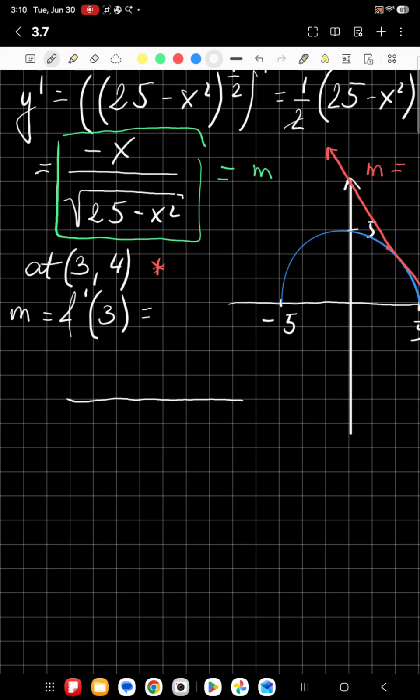So we have negative 3 on the top, and here we have 25 minus 3 squared. Okay, so negative 3, and here we have 25 minus 9, so that's 16, square root of 16, 4. Okay, so that slope is negative 3/4. Okay, so that's the first one.